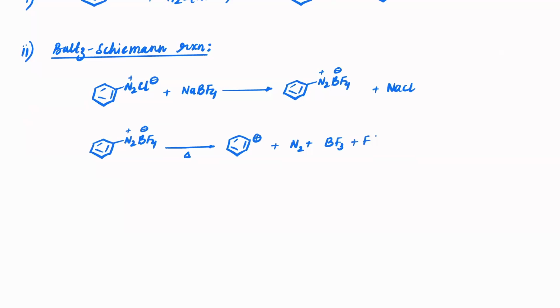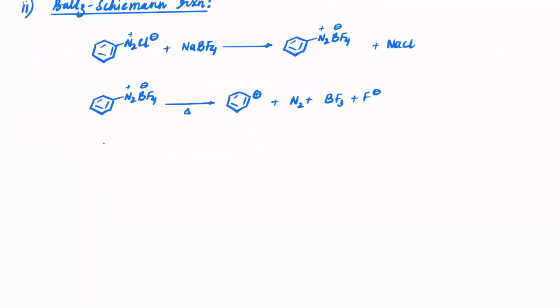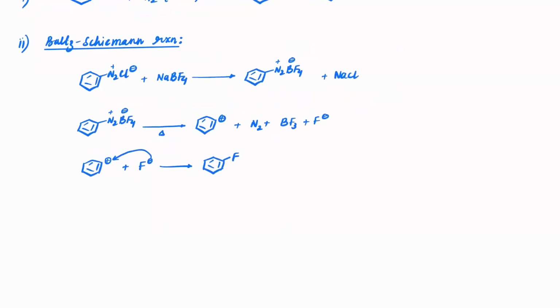Then the carbocation reacts with F minus, which attacks on it, and you will get fluorobenzene. So the Balz-Schiemann reaction is a preparation of fluorobenzene. Got it? I guess this reaction is clear, everybody.